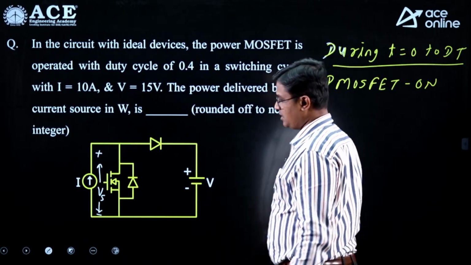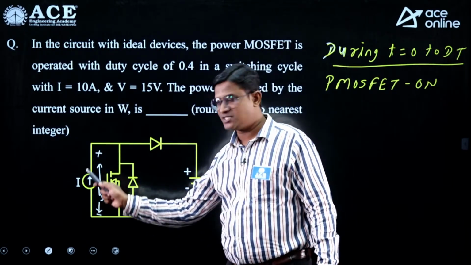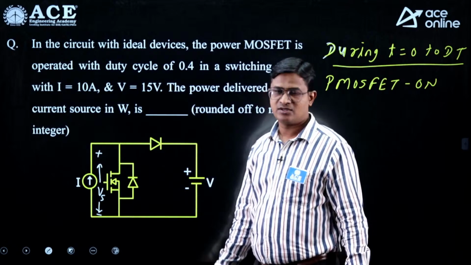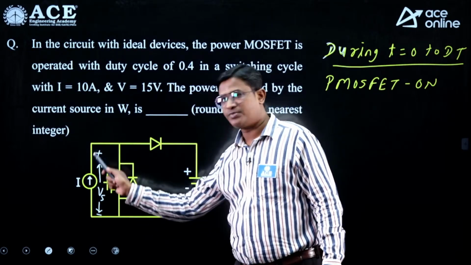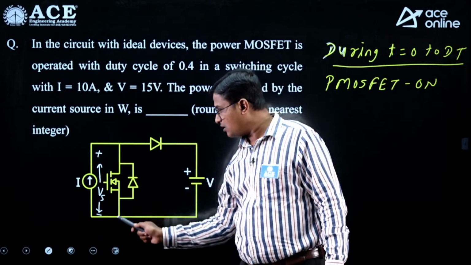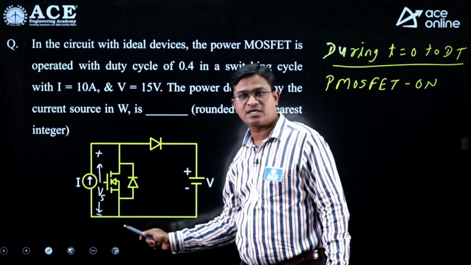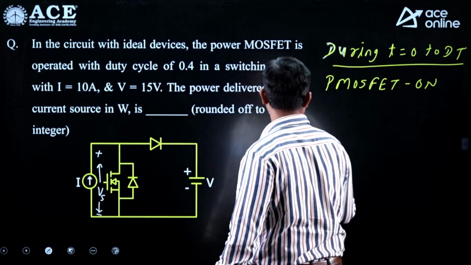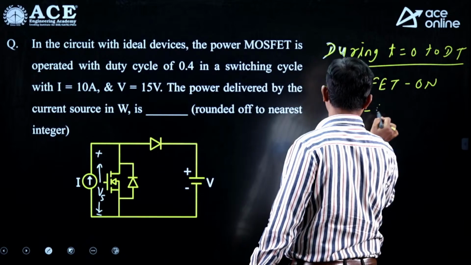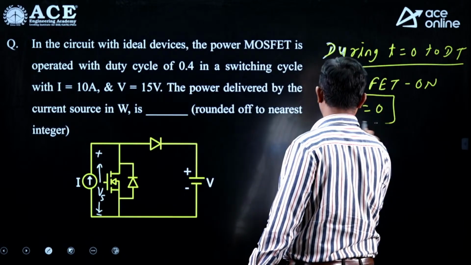So tell me, if power MOSFET is in on state, this is acting as a short circuit, na? So current will flow in this loop, right? So what is the voltage Vs? MOSFET on means this is acting as a short circuit. So Vs is equal to 0. So I can write here Vs equal to 0, right?